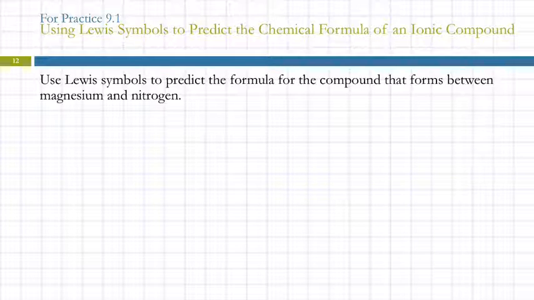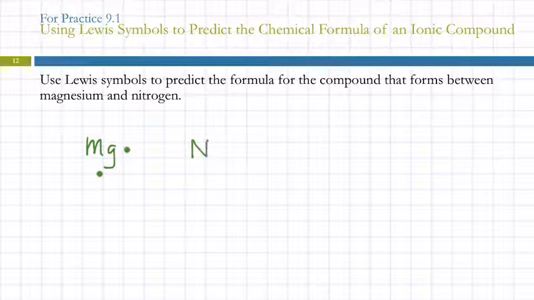Let's use Lewis symbols to predict the formula for the compound that forms between magnesium and nitrogen. I did this with colors yesterday. I'm not going to do it with colors today because that got really tedious. Okay, magnesium. How many valence electrons? 2. 1, 2. Nitrogen.